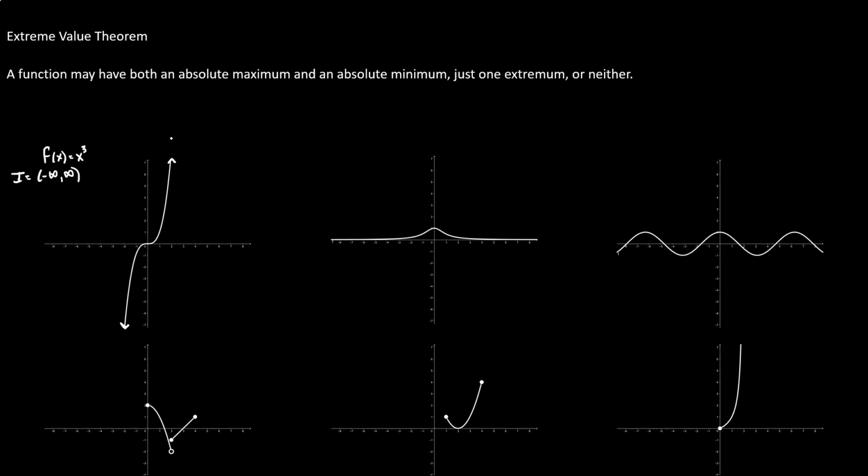So there's no maximum on that side. As x gets smaller and smaller, the function gets smaller and smaller to negative infinity. So this function is an example that has neither extremum. We have no absolute max, no absolute min.